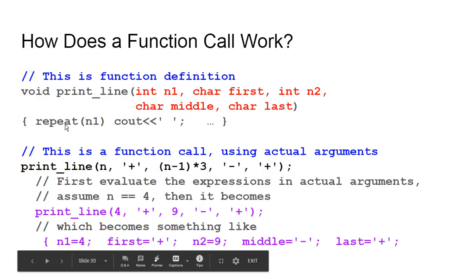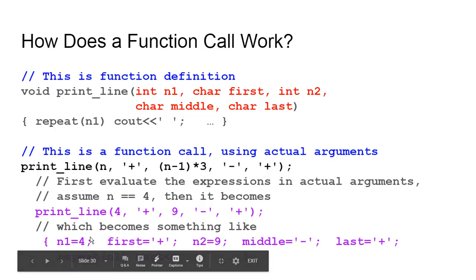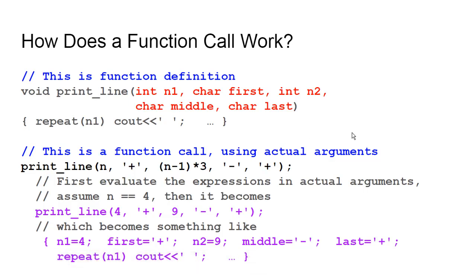After we do all these assignments, we execute the body of the function. That's one way to look at it. That's not exactly how it works, because a function can actually call itself, which is known as recursion. But without recursion, we can view this as roughly how it works. This line is replaced by the assignment of these expressions to the formal arguments, and then we execute the body of the function.